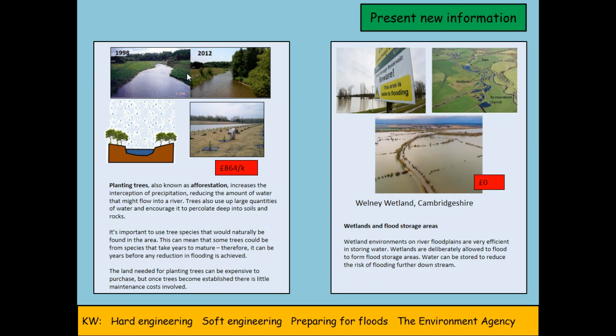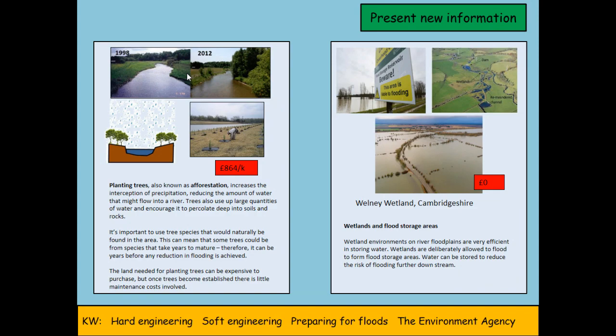Afforestation is planting trees. If you have lots of trees, they're going to need lots of water. So, in theory, when it rains, that water will find its way into a river.